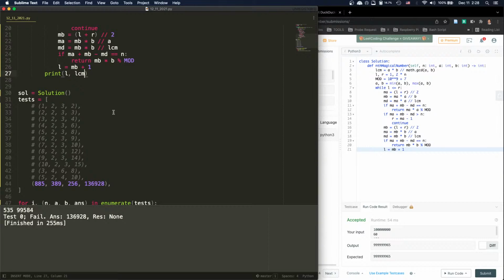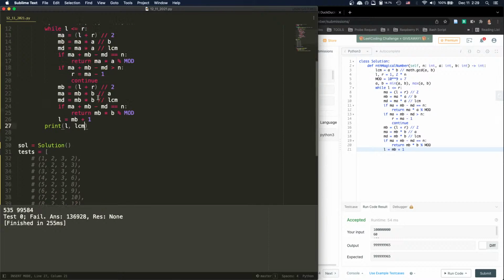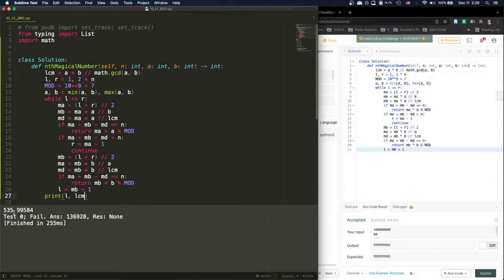So A is 256. B is 389. N is 885. Okay. So the current one we would try is 534 times A, 256. Okay, that gives us a value. We call it 136704, right?